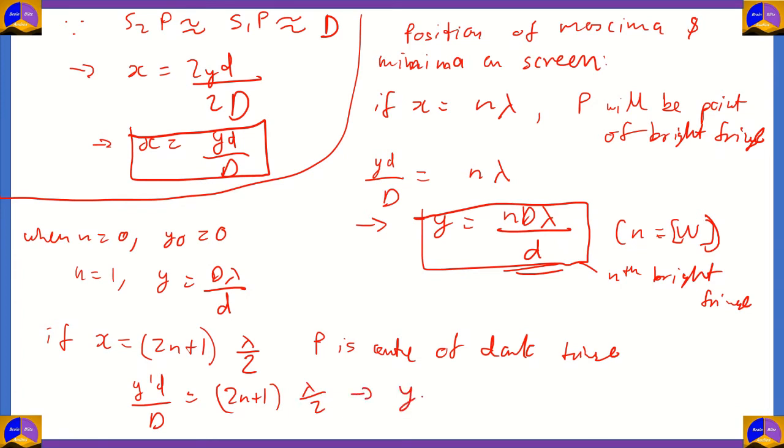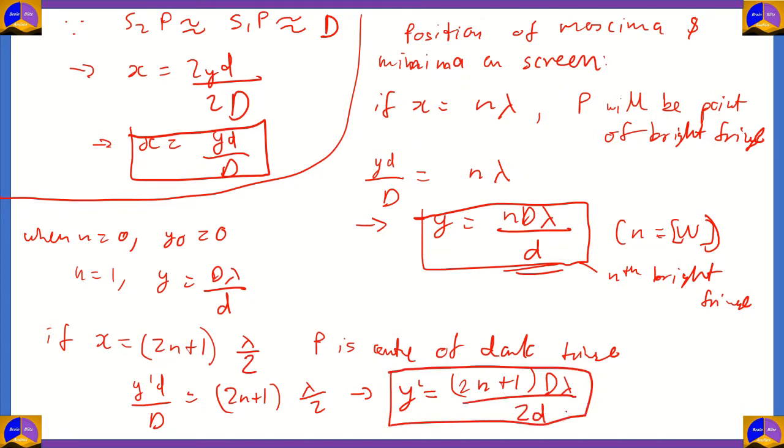Therefore y' is equal to (2n+1) times D lambda divided by 2d. This is the distance for the (n+1)th dark fringe.